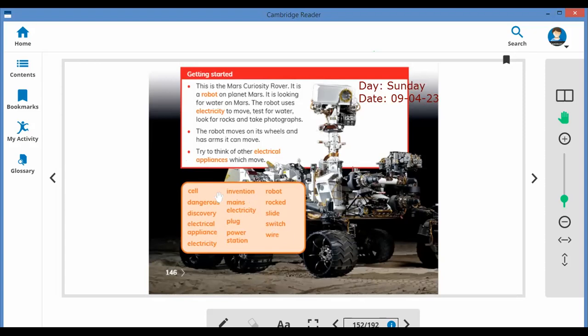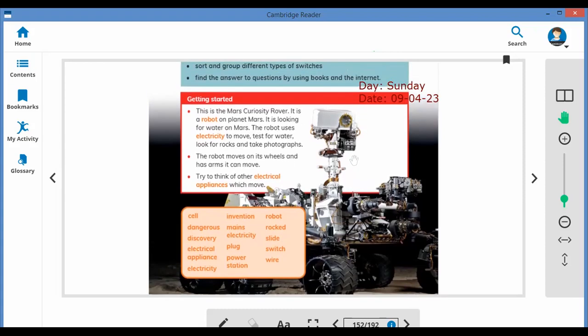Okay, so here are some of the vocabulary words that we are going to discuss. Cell, invention, robot, dangerous, main electricity, rocket, discovery, electric appliances, electricity, plug, power station, slide, switch, and wire.